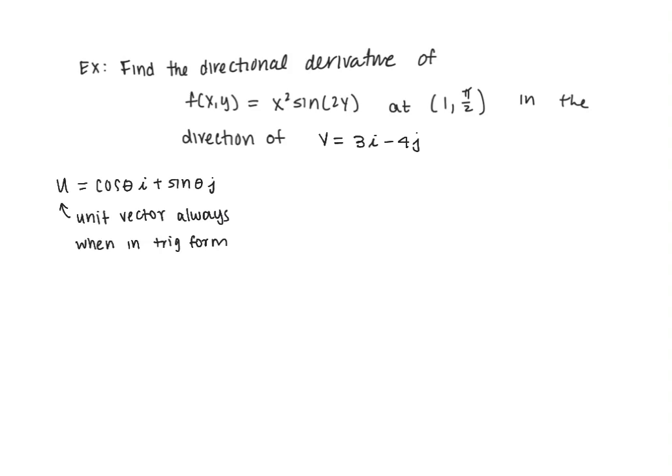And if you remember, I told you x equals r cosine theta and y equals r sine theta. But when it's a unit vector, r is 1.